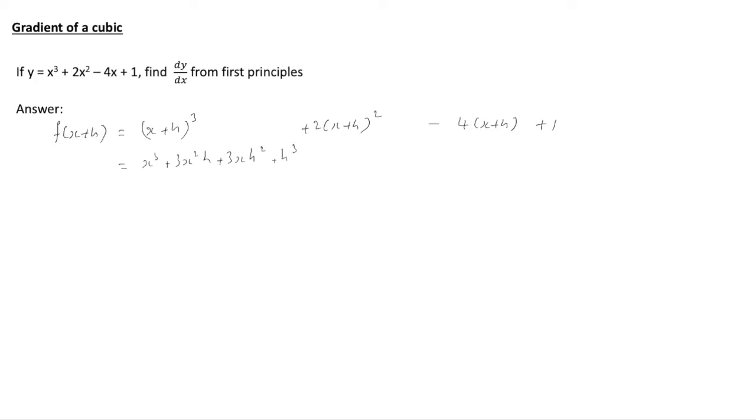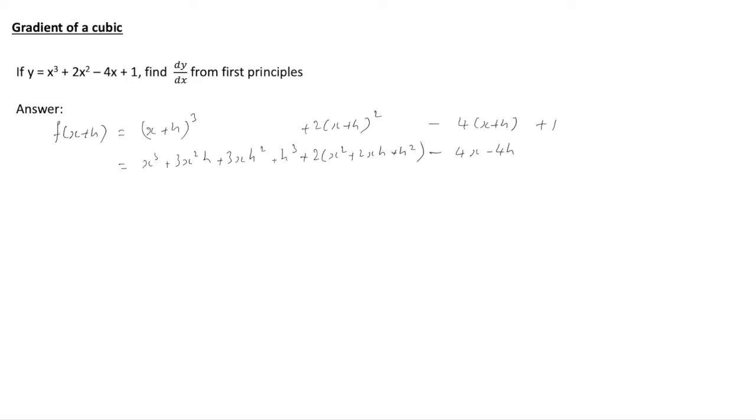And then we have to expand each of those bits. So x plus h cubed is x cubed plus 3x squared times h plus 3x h squared plus h cubed. X plus h squared becomes x squared plus 2xh plus h squared, and that's still all times by 2. We can multiply out the next bracket, so that gives us minus 4x minus 4h.